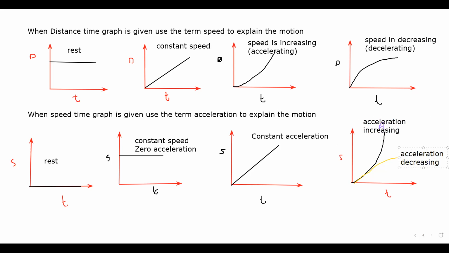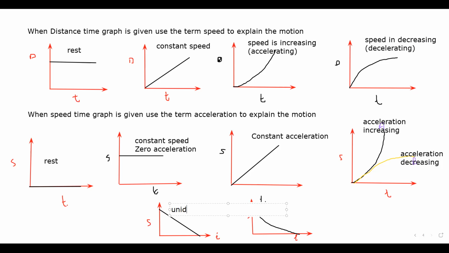You may have a graph in which the value of the speed is decreasing, and then again it has two possibilities. It might have a uniform or constant deceleration, or it might have a non-uniform deceleration. So for speed and time, if it is a straight line, then it will be uniform, and if it's a curve, then it will be non-uniform.